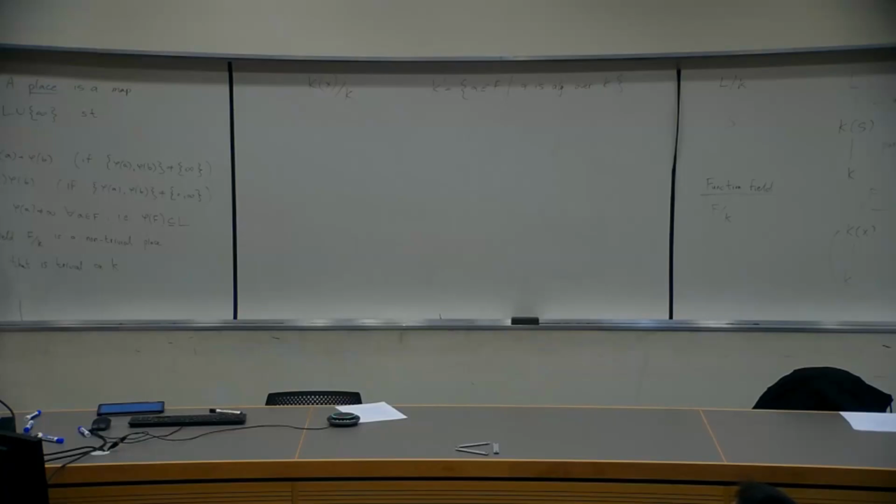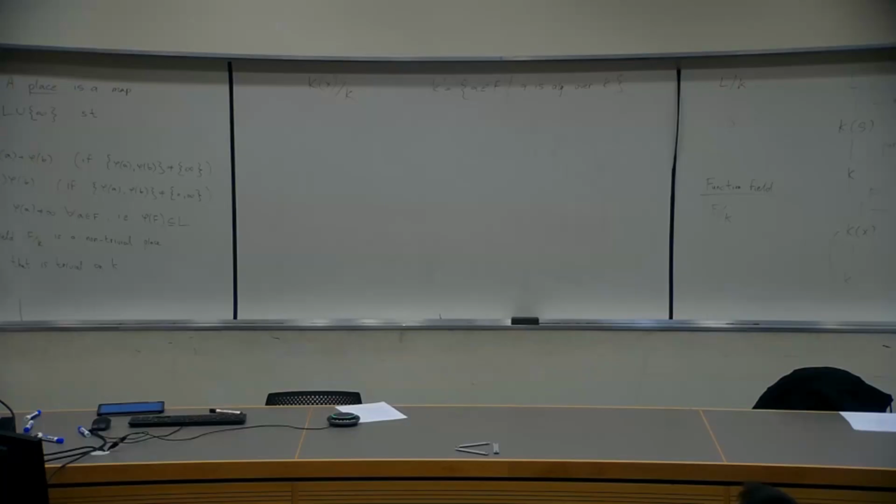A place is an abstraction of a point: give me a function and tell me what the value of this function at this point is. The constant function 1 has value 1.